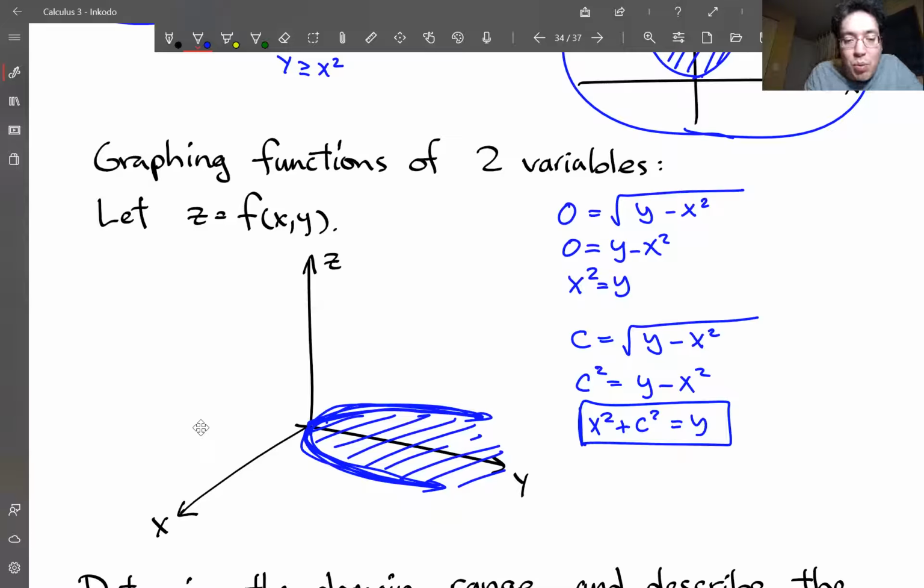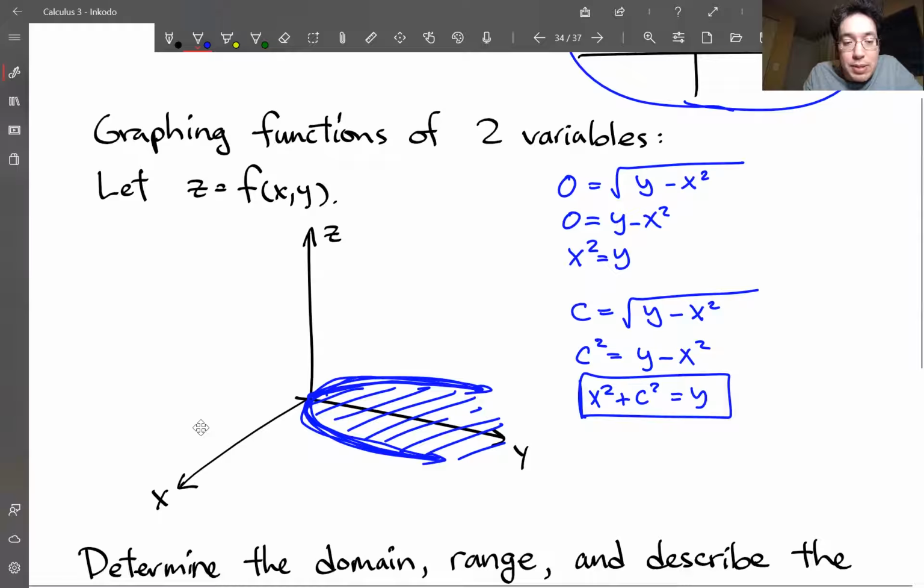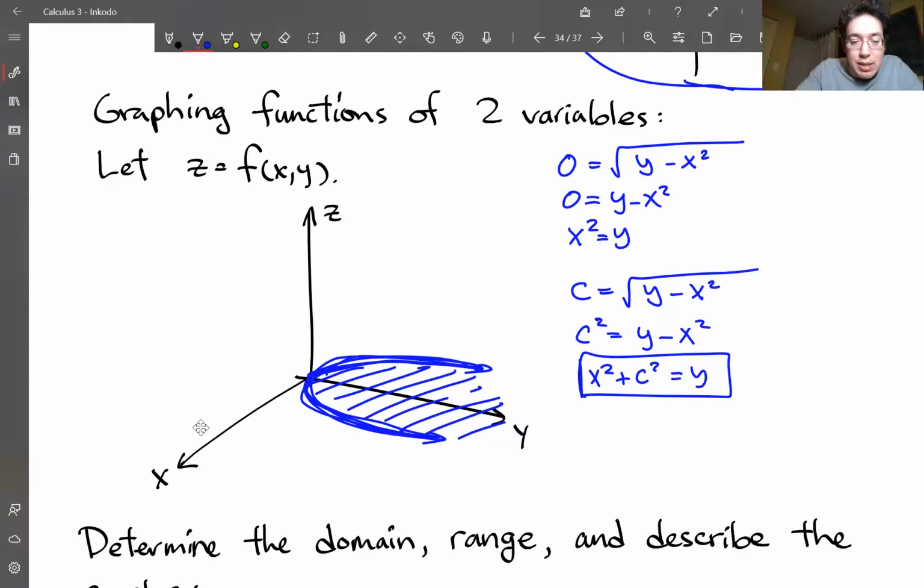So what is this telling me? It's telling me that for level curves, if I fix the height at c, the x and y values that correspond to that height are going to be a parabola, y equals x squared plus that height squared, right? So I'm going to try to draw them in this picture here.